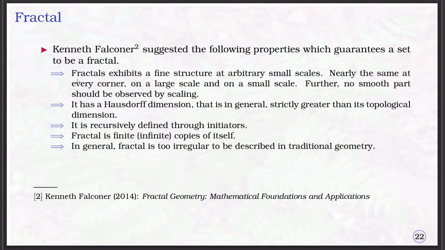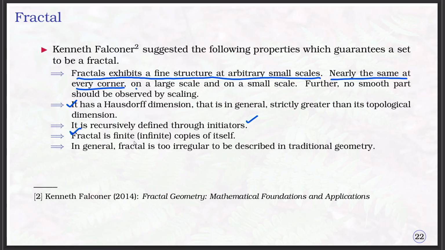First, a fractal exhibits a fine structure at arbitrarily small scales, nearly the same at every corner, on a large scale and on a small scale. Further, no smooth parts should be observed by scaling. It has a Hausdorff dimension that is in general strictly greater than its topological dimension, same as the Mandelbrot definition. It is recursively defined through initiators.